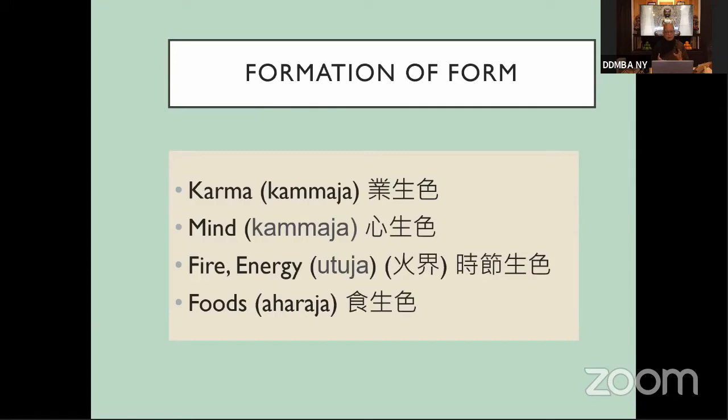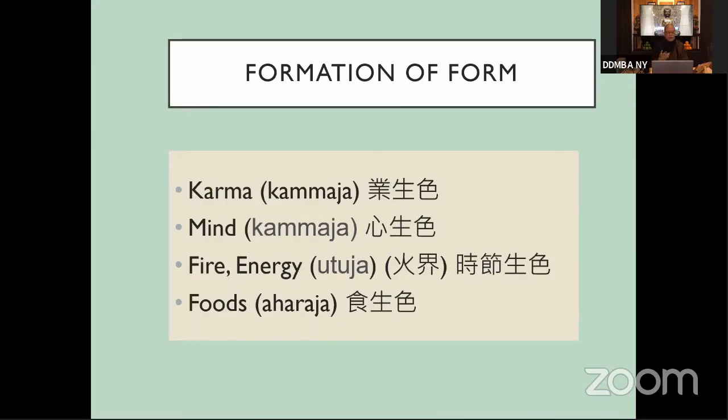Why the form? There are four key causes. The first is, of course, the karma. Without the karma, we cannot be reborn as a being. So it depends on which karma. We talked about that in the previous talk. Which realm we are born into depends on what kind of karma is ripened when we die, at the moment we are reborn.